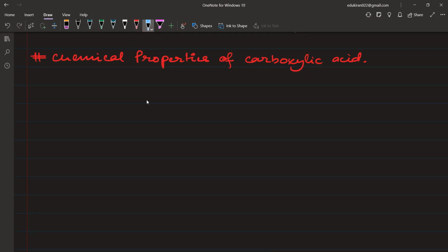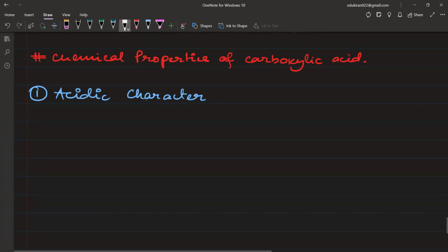Please write. Number 1, acidic character. In this, first of all, we will look at the reactions, and it shows reaction with alkali and metals. And in metals, active metals. Okay, so please write. Number A, reaction with metals and alkali.